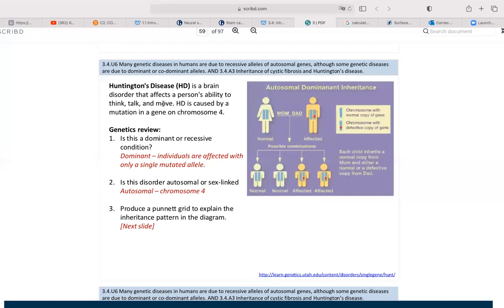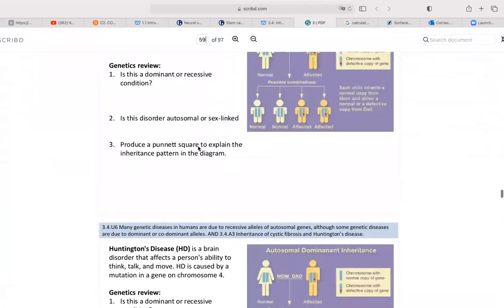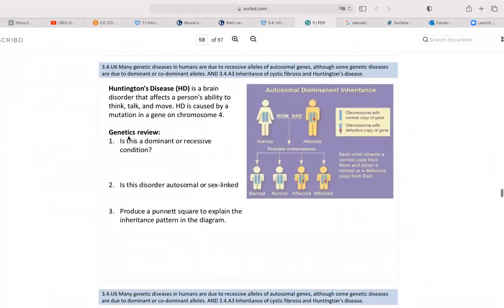Huntington's disease is caused by a mutation in a gene on chromosome number 4 in humans, okay? So we need to think about this. Here I have the answer, but I'm going to show you this one first because we don't know if it's a dominant or a recessive condition. Is this disorder autosomal or sex-linked?